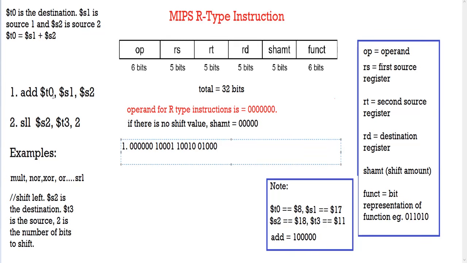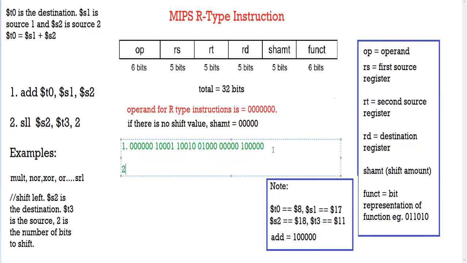And since this is the add instruction, no shift amount is here. These are going to be 5 zero bits. And finally, we have our function. For the add instruction, the binary representation is this, and there you have it. This one is the R-type representation of the first instruction.